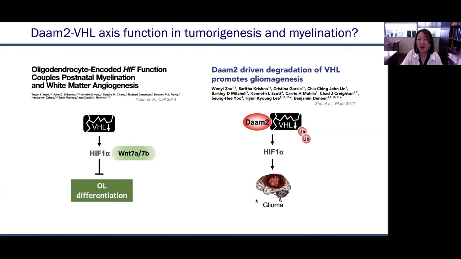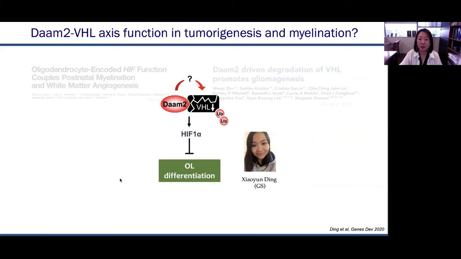So glioma and myelination are completely different diseases. However, we found a lot of similarity in how they develop the pattern. So we put together that it is possible TEM2 and VHL work together to regulate oligodendrocyte development and repair. So this sounds like a perfect project for a graduate student.